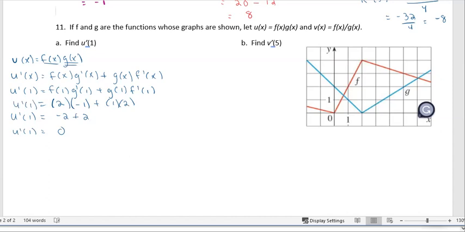Here we need v prime of 5. Well, v of x, we're told, is f of x over g of x. So if we use our quotient rule, we get the bottom times the derivative of the top minus the top times the derivative of the bottom, all over the bottom squared.